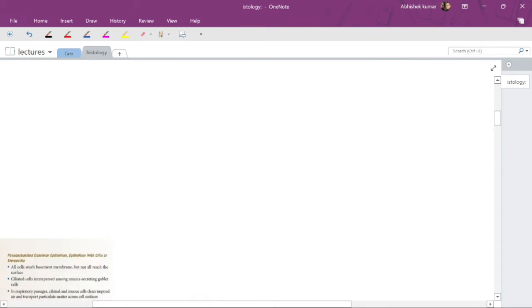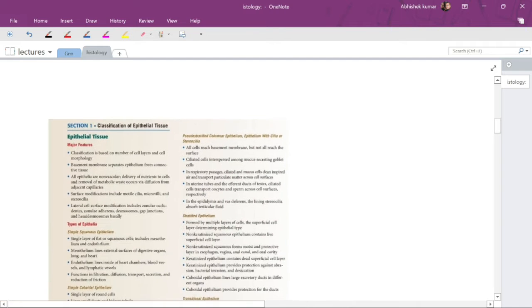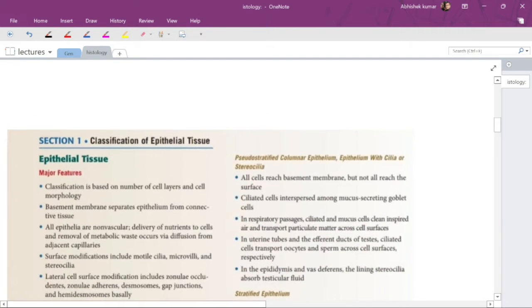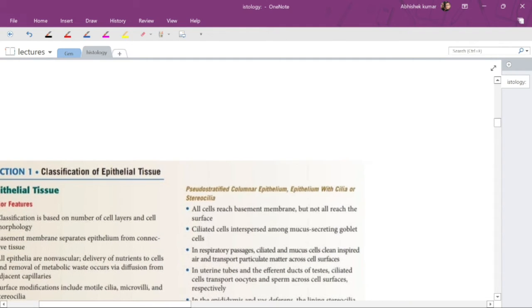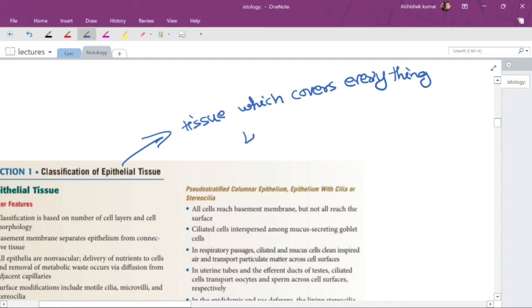Okay, so let's start. It has written classification of epithelial tissue. First, I will tell you what is epithelial tissue. Epithelial tissue is basically the tissue which covers everything, like our body itself. It covers the body like the skin.